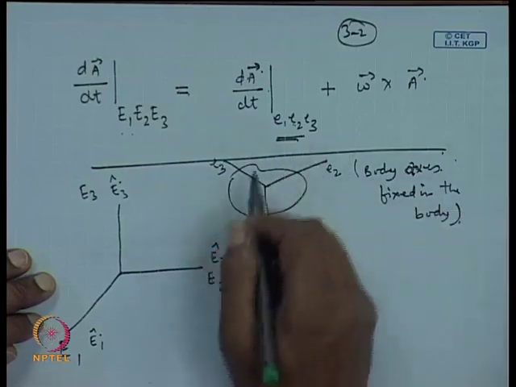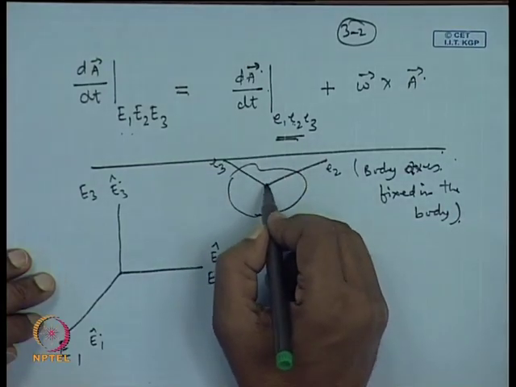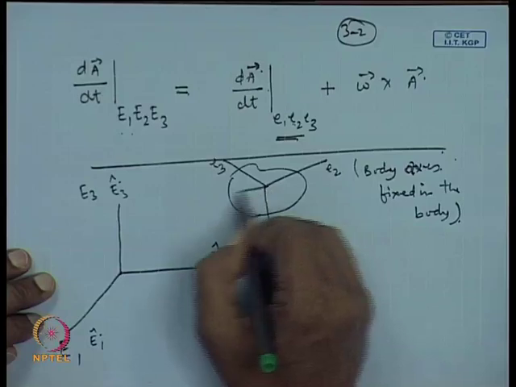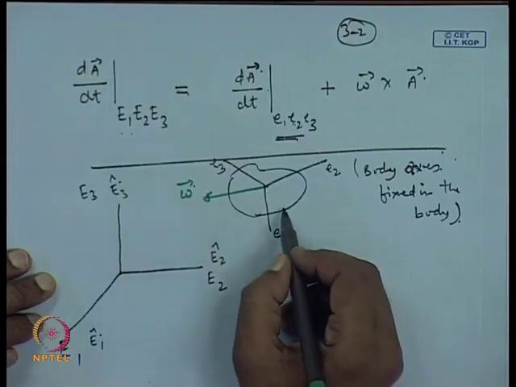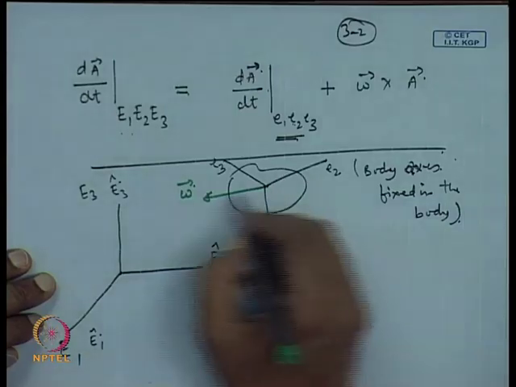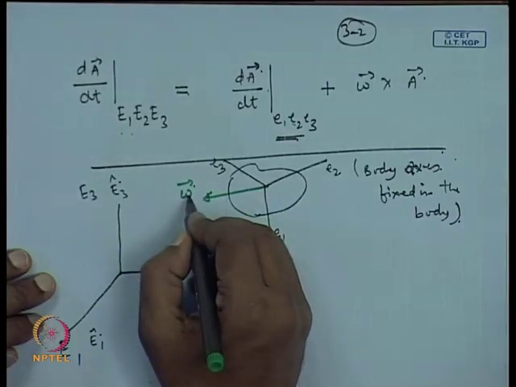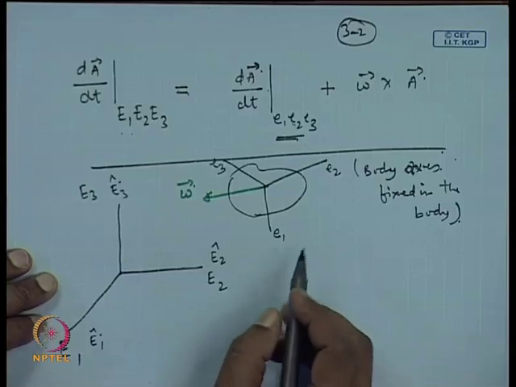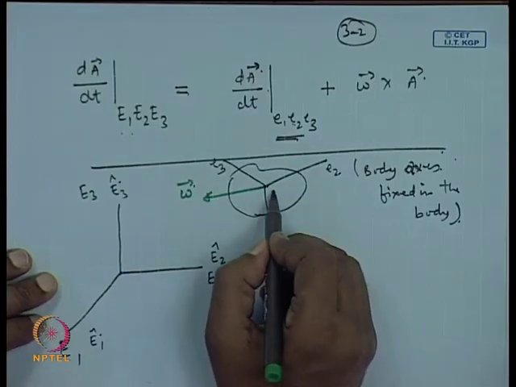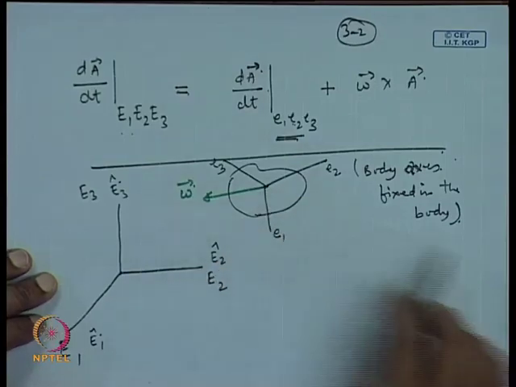Let us say omega is the angular velocity of this body with respect to the inertial reference frame, small omega or capital omega, whichever notation you want you can keep, and then we can point a vector here.